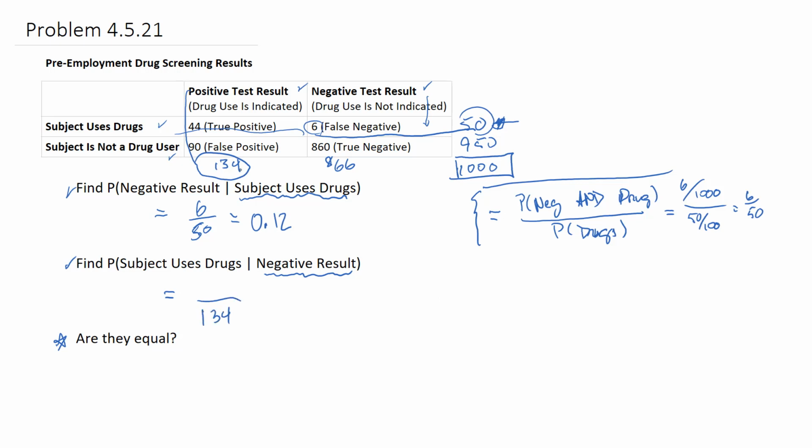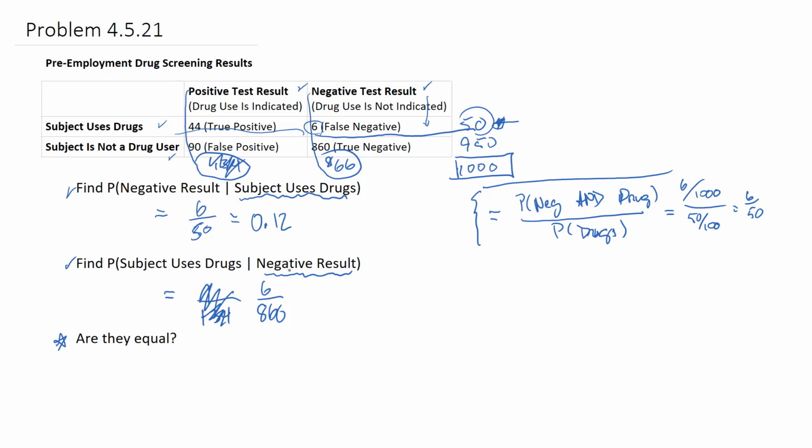Oh, I'm sorry, this should be 866 because we're looking at the negative. So let's try that again. This is 866. And out of those 866 people who got negative results, how many of them actually use drugs? There are 6 of them. So there's 6 out of 866.